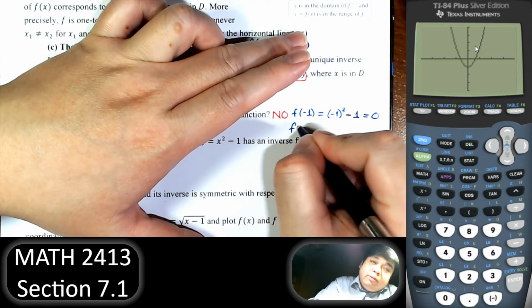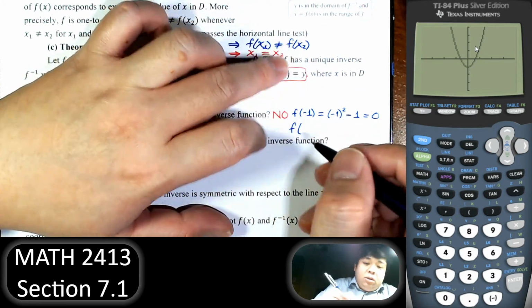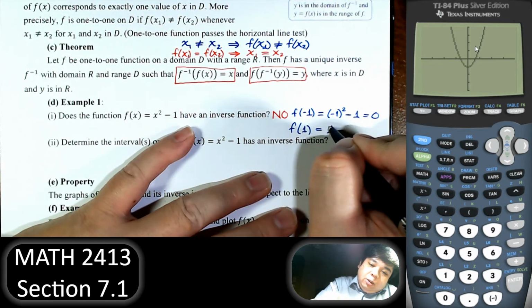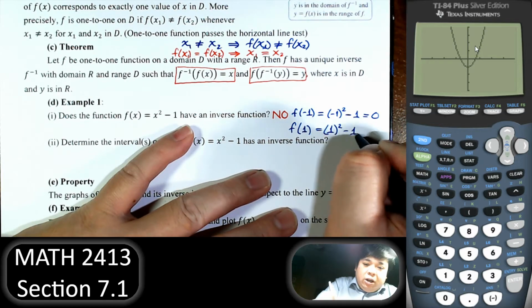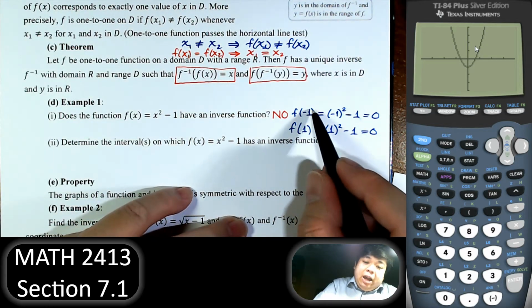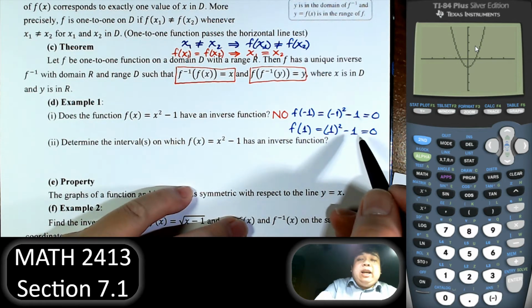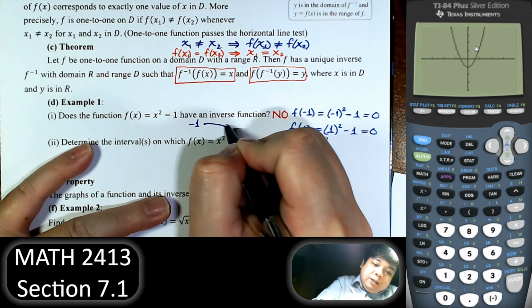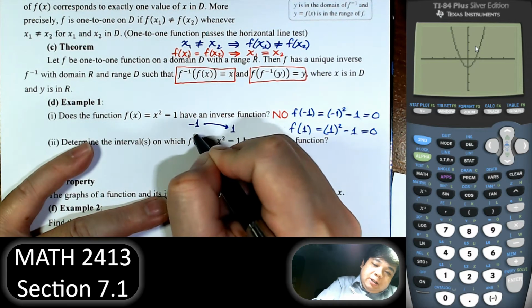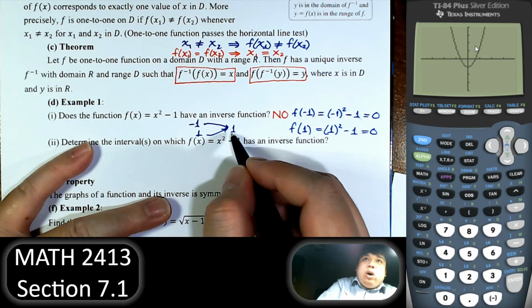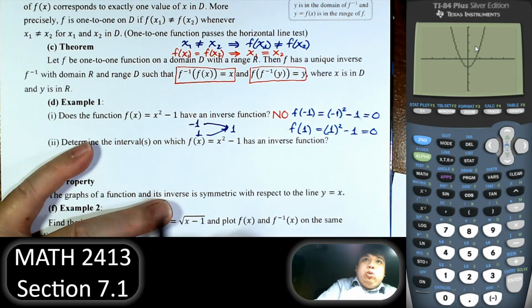And f of 1, 1 squared minus 1, that is also 0. So different x values give the same y value. Two different x values give us one y value, so we don't know which one do we go back to.